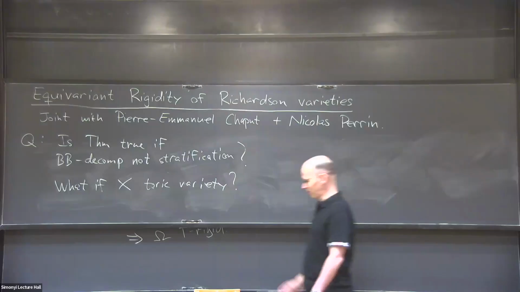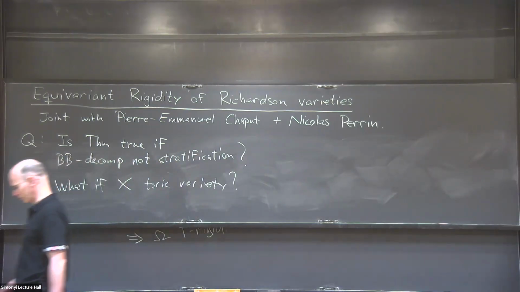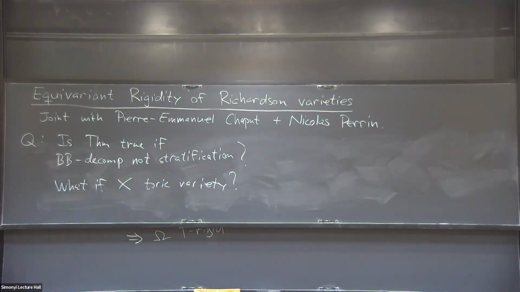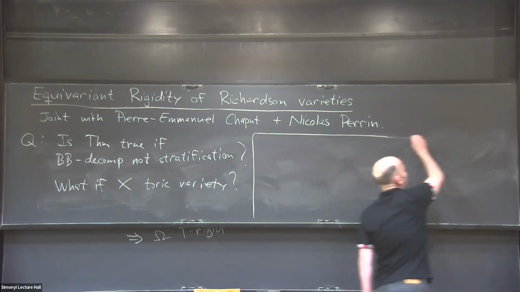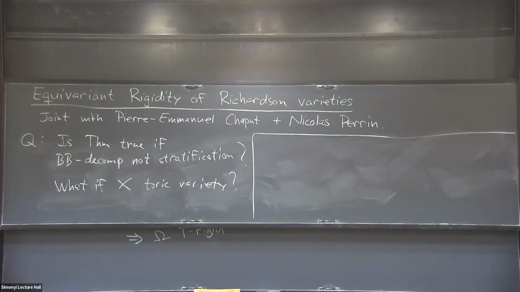Is it true that the Bialynicki-Birula cell closures for that C star action are T-convex subvarieties? I asked Allen Knutson this question during the workshop in February. He mentioned it the next day, so I guess he thought about it, and I haven't heard from him. So maybe it's not entirely trivial. Of course, we can't figure it out either.